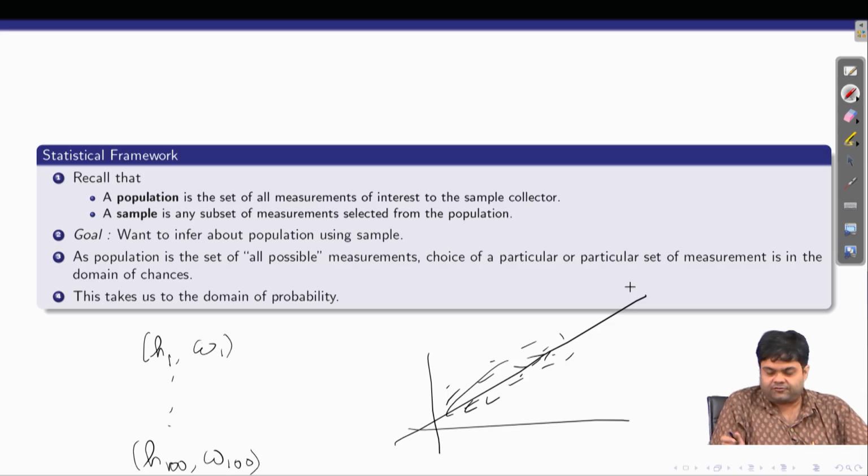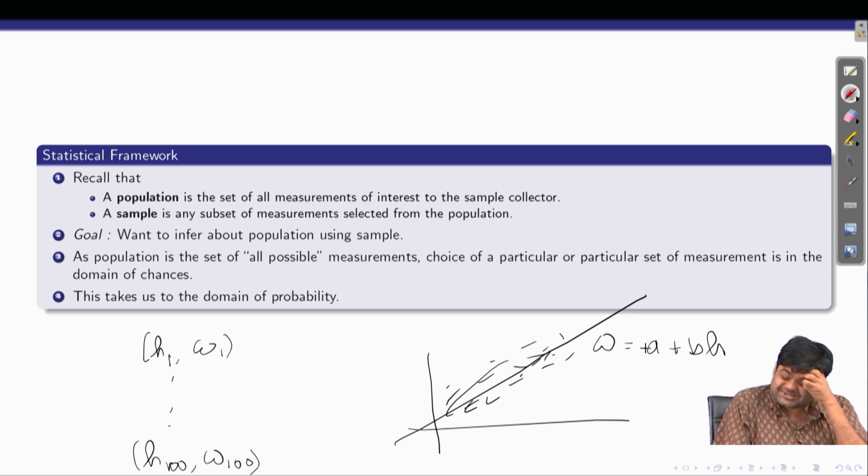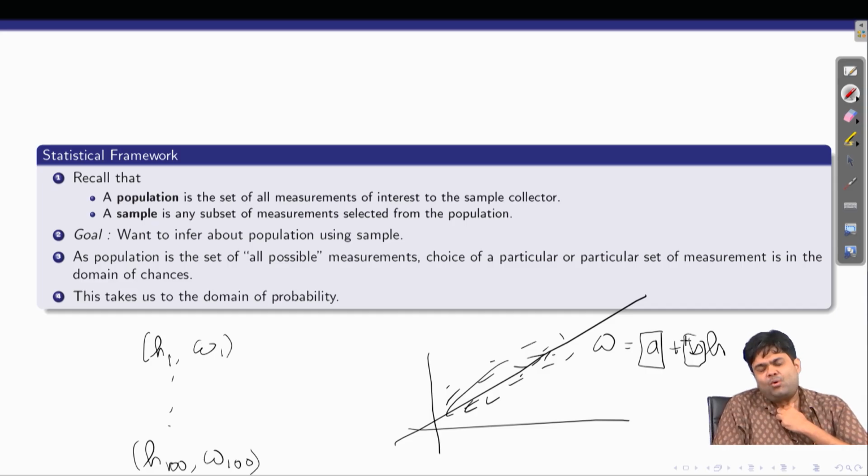If this line is W equal to A plus B H, this W based on H is a decent predictor for weight in terms of height. But frankly speaking, this fitting of the line, these A and B, heavily depends on the particular sample points you have chosen. The particular data you have, A and B depend on that.